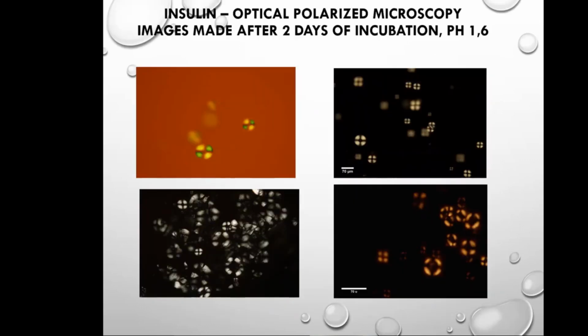However, if we incubate this protein at low pH, which by the way is present while signaling nerve signals in our brain, we can see the Maltese cross process, which is one of the features of liquid crystals, for example.